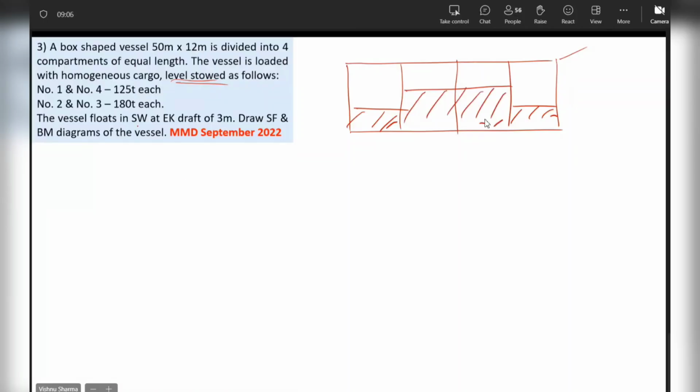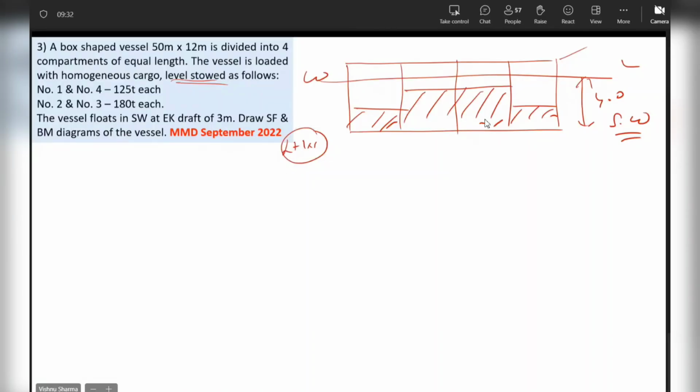Vessel then floats in sea water at an even keel draft of 4 meters. Draw the SF and BM diagrams of this vessel. How does this vessel differ from what we have done? In this question, he has not given you the light ship displacement, right? That's the only difference. Rest everything, this question you have already done.